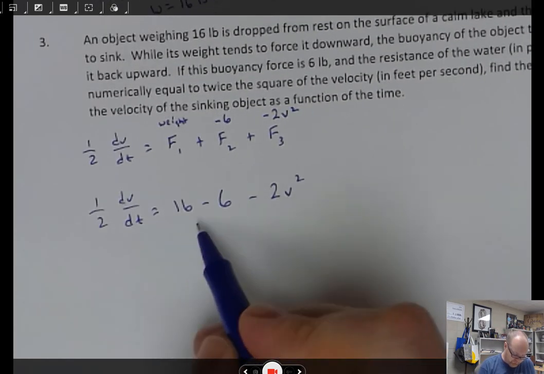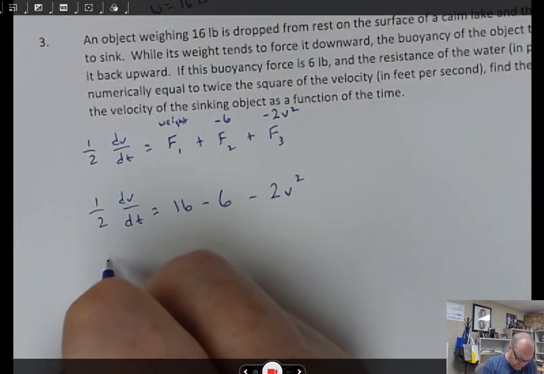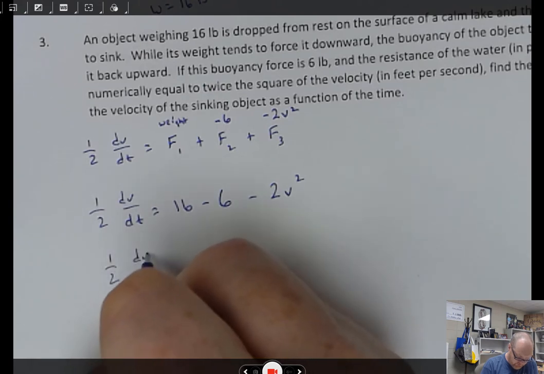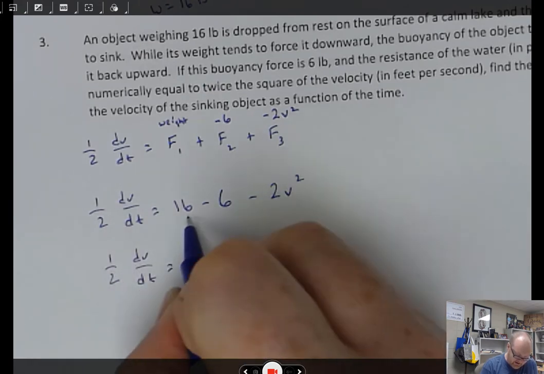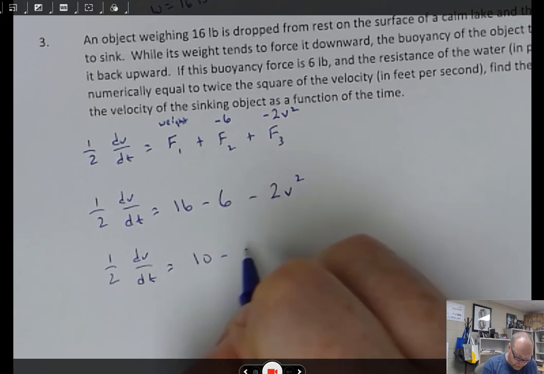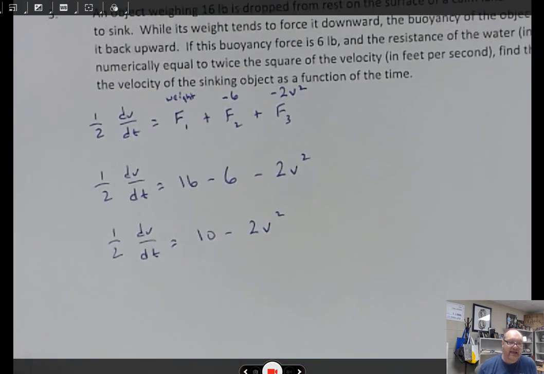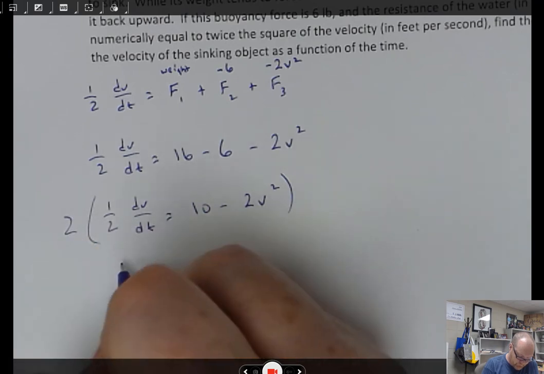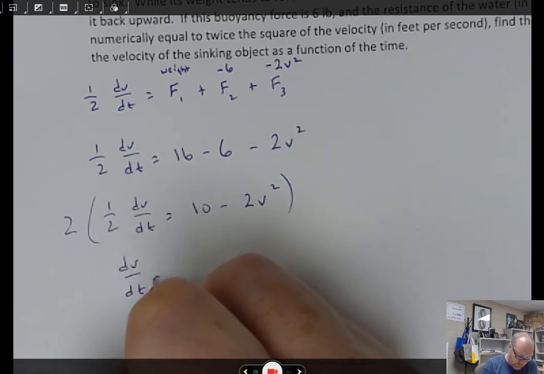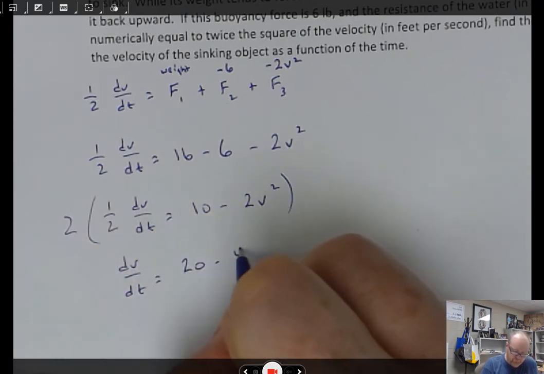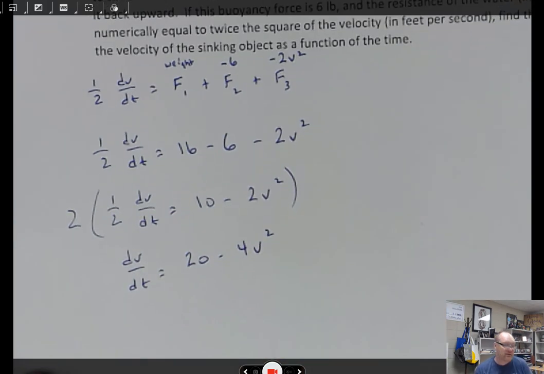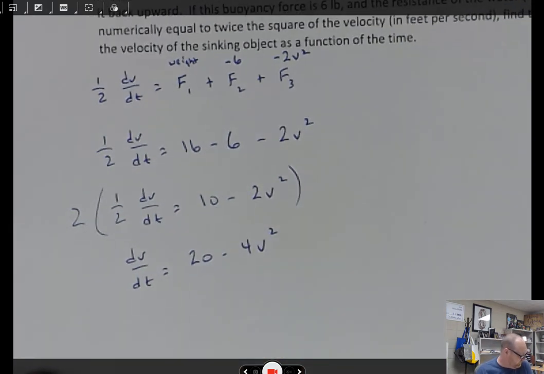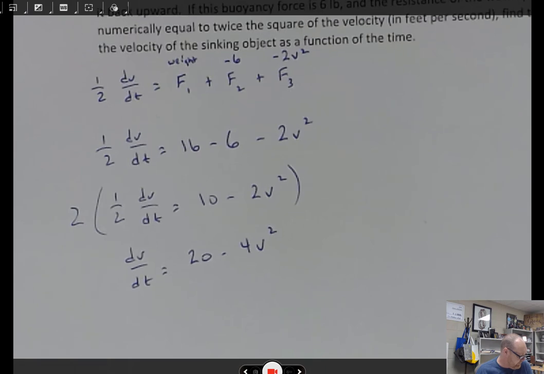So 3 things going on here, and that's okay. So 1/2 dv/dt, and I can combine those, so that's not bad at all. And I can multiply through by 2. So 20 minus 4v squared might be the best formula to try to solve there.